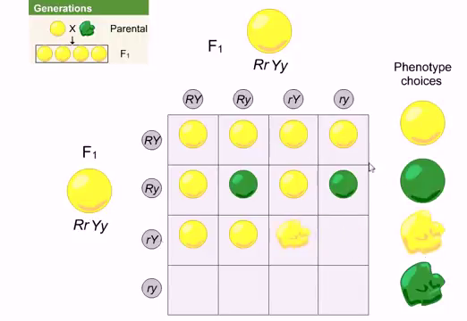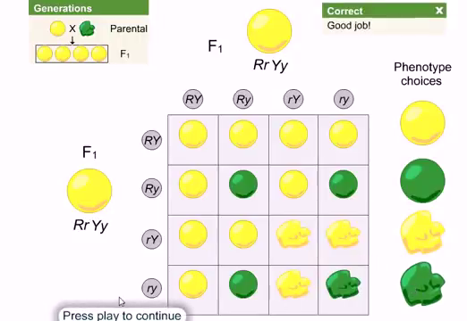In this case wrinkled again and yellow, so again wrinkled yellow. In this part we are having round yellow again, and in this case round, because capital R is there, but Y is not there, so it will be round but green. In this case wrinkled and yellow. And the fourth one and the last one, which has neither capital R nor capital Y, is wrinkled and green, so that will be the answer.